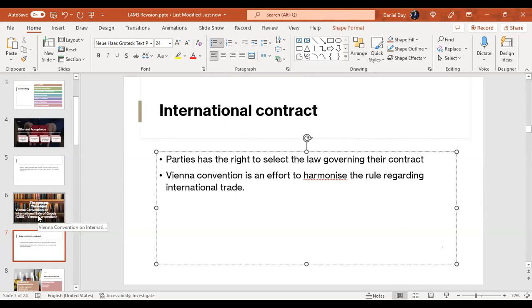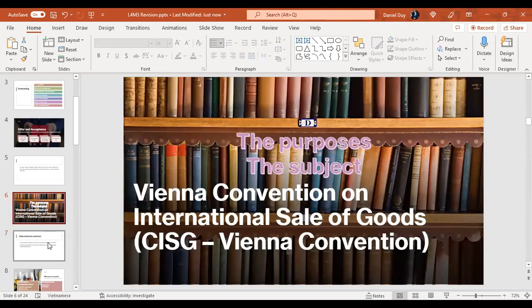So as a buyer, you may purchase from overseas, and you should know a bit about this convention, because you may have to use it as the law governing your contract. But in the exam, CIPS tends not to ask very complex questions on the Vienna Convention.